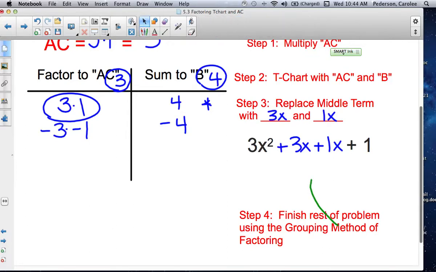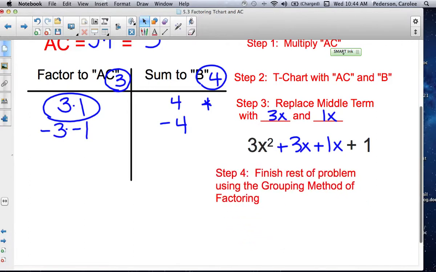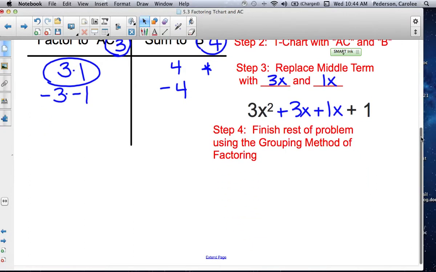Now we finish the rest of the problem using the grouping method, because we've converted this trinomial to a polynomial of 4 terms. It would be the best choice to group the first 2 terms and the last 2 terms.